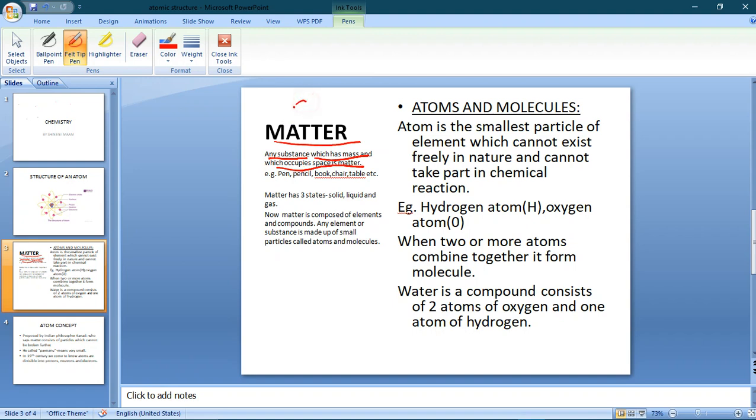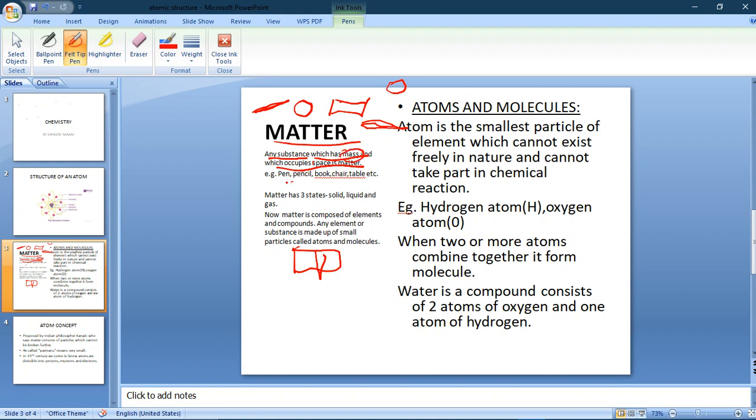So any substance, whether it is a duster, pen, leaf, stone, copy, all comes under matter because they all occupy some space and they have mass.